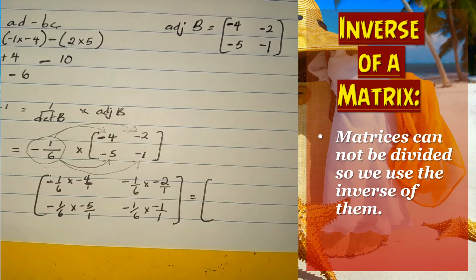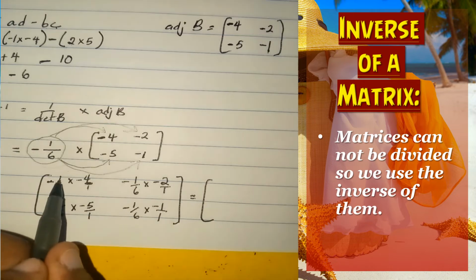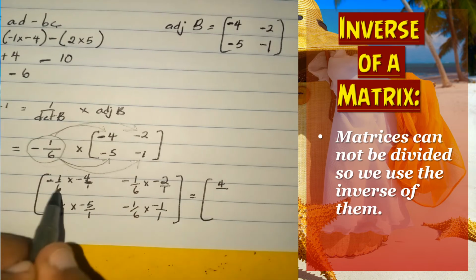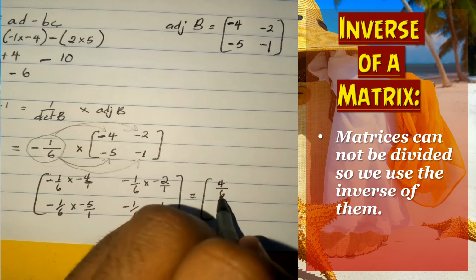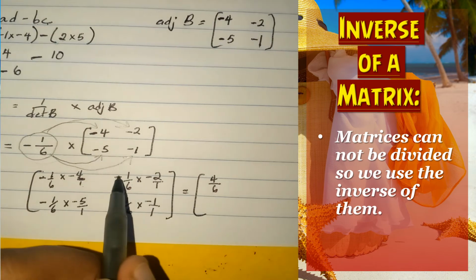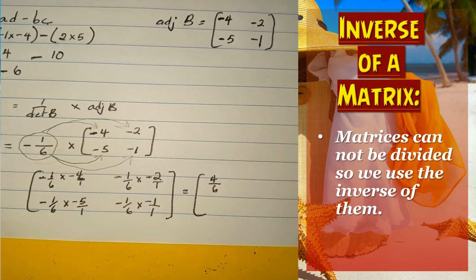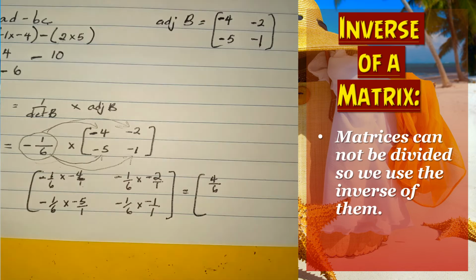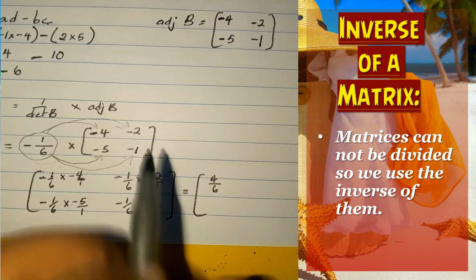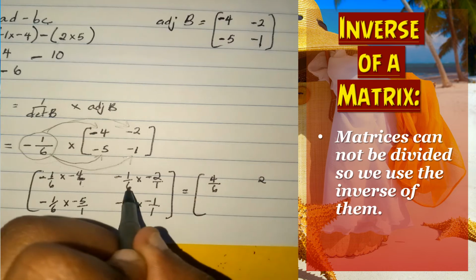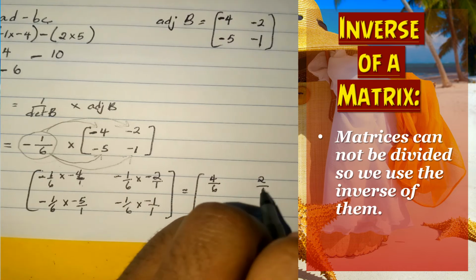So I know my answer should be positive in the row 1, column 1 element. 1 times 4 will give me 4. And then 6 times 1 will give me 6. Good. Let's do this one. Negative times negative will give me another positive. So I know my row 1, column 2 element is going to be positive. So 1 times 2 is 2. And 6 times 1 is 6.